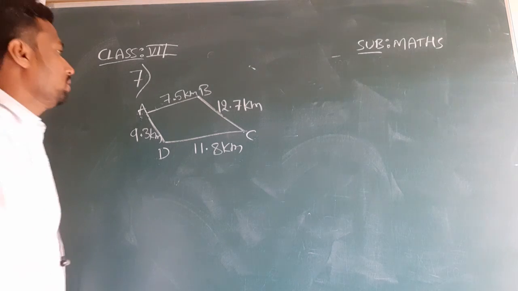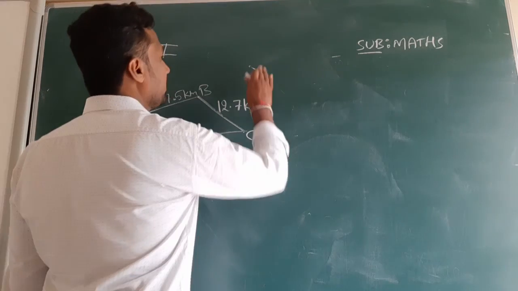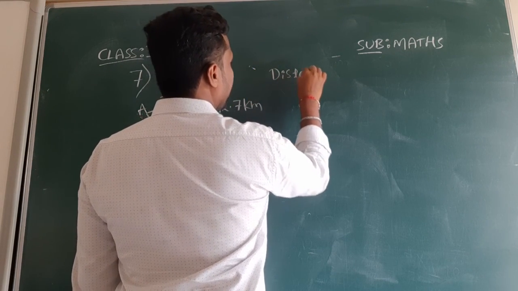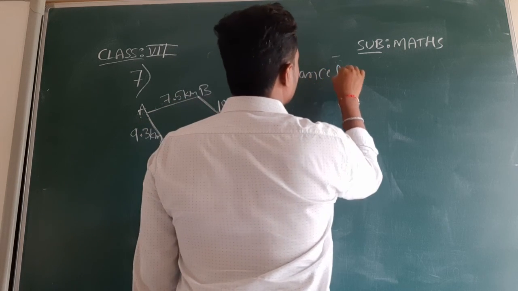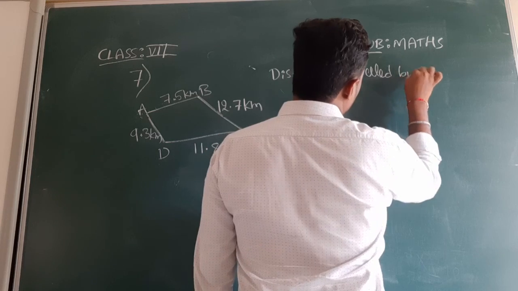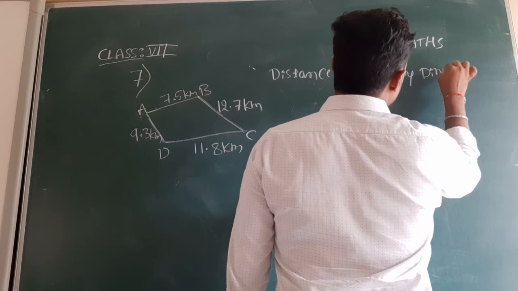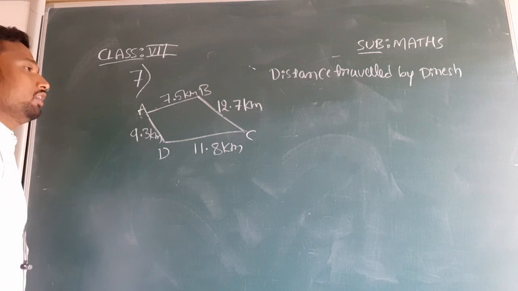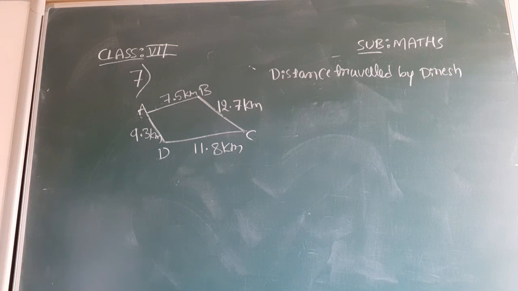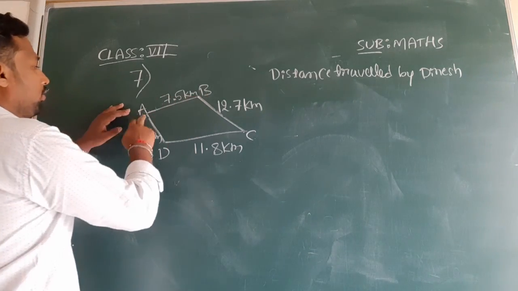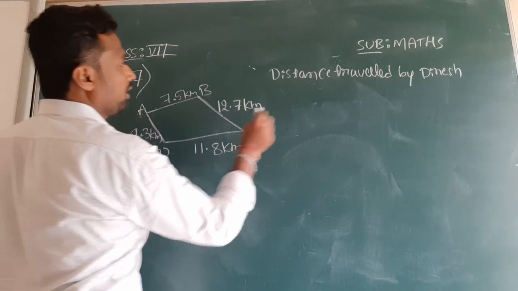Okay. So now in the first step I will write here distance traveled by Dinesh. Okay. So now how will you find the distance traveled by Dinesh? First he went from A to point B, that is 7.5 kilometers.